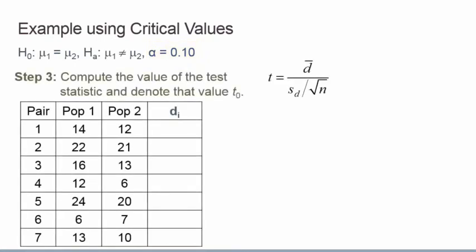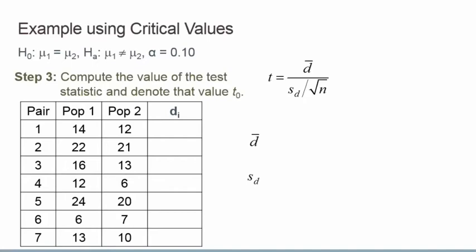Step 3, compute the value of the test statistic and denote that value t0. In order to use our formula, t equals the mean of D divided by the standard deviation of D divided by the square root of n, we need to know the mean of D and the standard deviation of D. In order to do this, I need to find D. D is population 1 minus population 2.